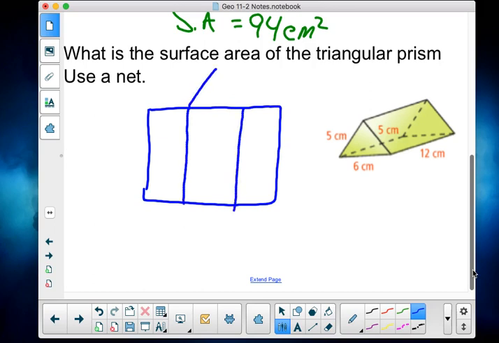Let's pretend this is 6 here, and that these 2 triangles are perfectly exact the same. Okay, well, the distance between my 2 triangles is 12. My side measure of a triangle, this is 6, so that makes this 5, and that makes this 5.